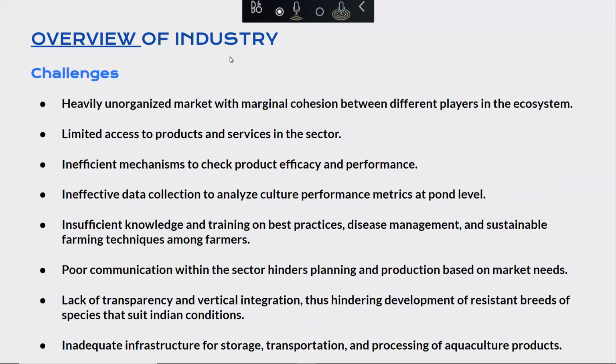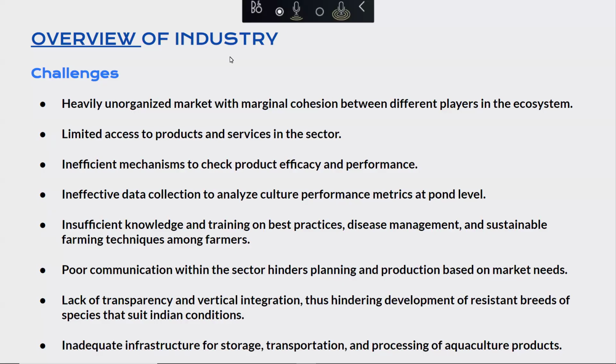Now, after a brief of the industry, what are the challenges in this industry? Indian aquaculture is really an unorganized market with marginal collaboration between different players in the ecosystem. The primary problem here is that different players, like a feed supplier and the farmer, have limited access to each other.